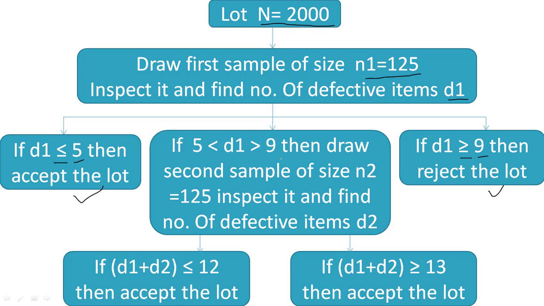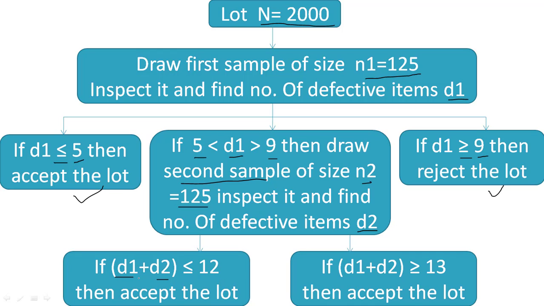But here there is a third possibility. If our defective items are in between the acceptance number and rejection number, then we need to draw a second sample of the same size. We will randomly draw 125 items from this lot of 2000, inspect these 125 items and find defects D2. Now we compare D1 and D2 with the help of the acceptance and rejection numbers for the second sample.